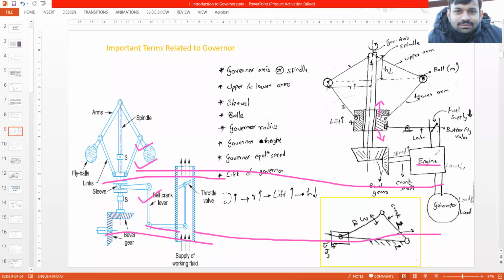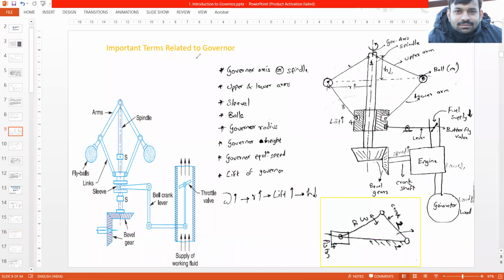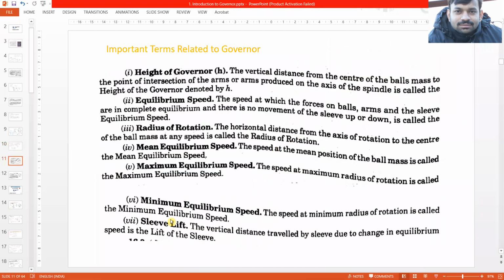Okay, if the speed of the engine increases, these balls will go further outward and upward, so it will result in lifting of the sleeve. Okay, and vice versa when the speed decreases. So that is called sleeve lift. The sleeve will move upward. It is called sleeve lift. The vertical distance traveled by the sleeve due to change in equilibrium speed is the lift of the sleeve.